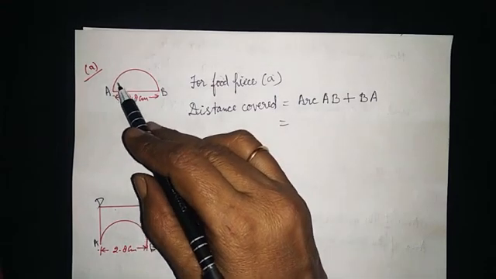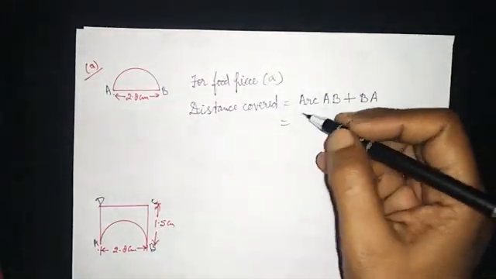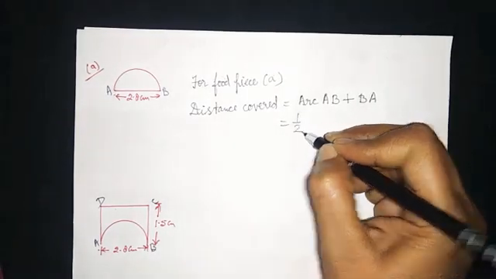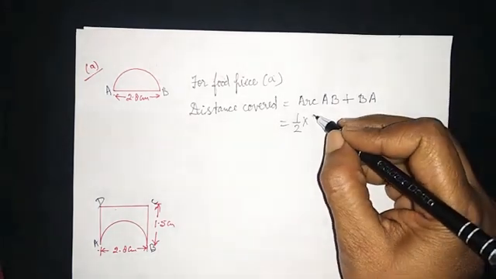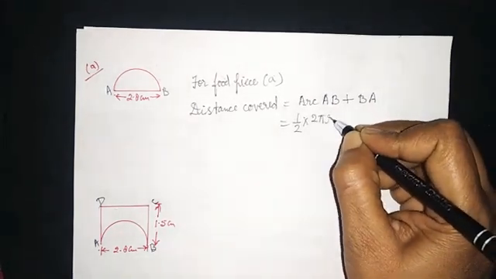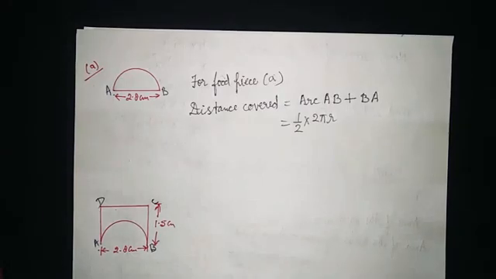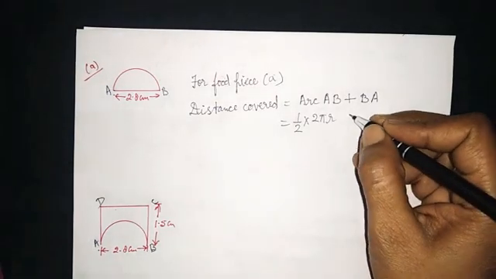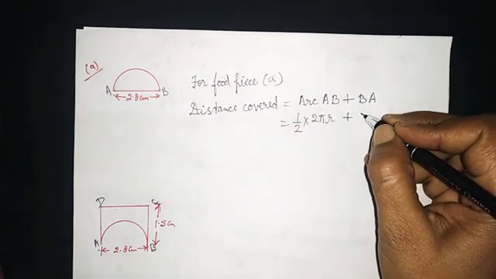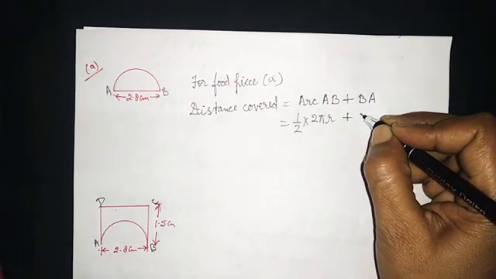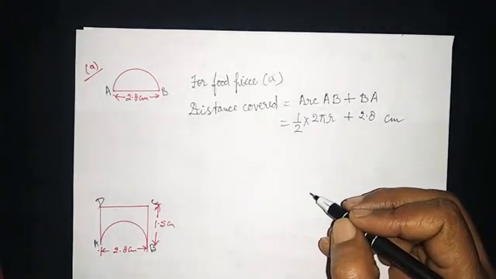We will calculate the circumference of a semicircle. For semicircle we will write 1 by 2 and circumference of a circle is 2 pi r. We will do half of this circumference, and distance BA, how much? 2.8 centimeter. Okay, 2.8 centimeter.